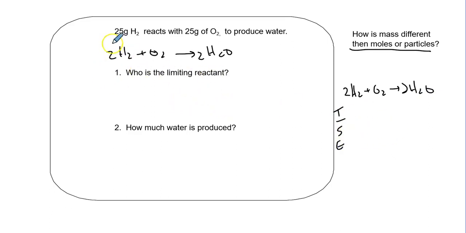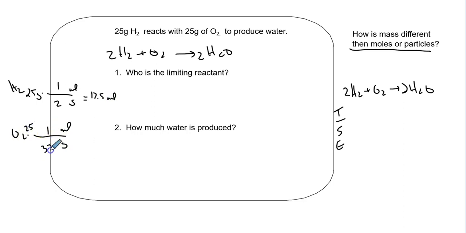So who's limiting? Well, let's convert these guys over to moles first. Remember, can't put grams in. So we got 25 grams. Get rid of grams and go to moles. Let's do the hydrogen here. That's 1 mole is 2 grams. That's 12.5 moles. And for the O2, it is going to be grams to moles. 25, 1 is 32, so I have less than 1 mole.